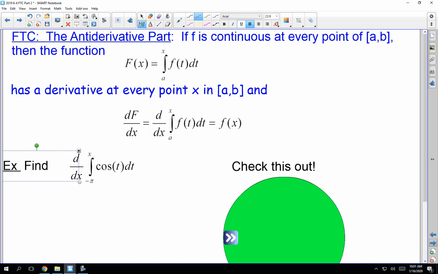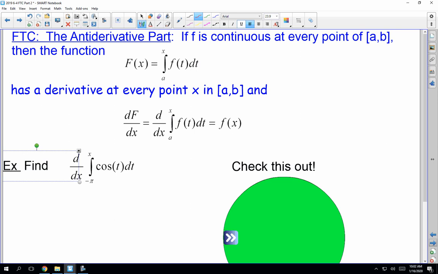With the other day we had a little f that was secant squared. Big F was tangent. So big F is going the other direction from what we did last semester. It's what we call the integral or antiderivative. But there's a relationship between the two functions.